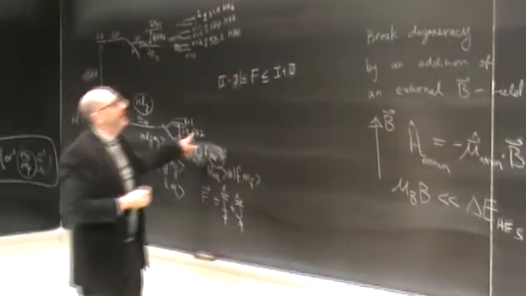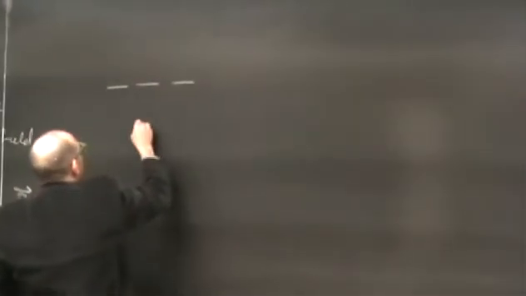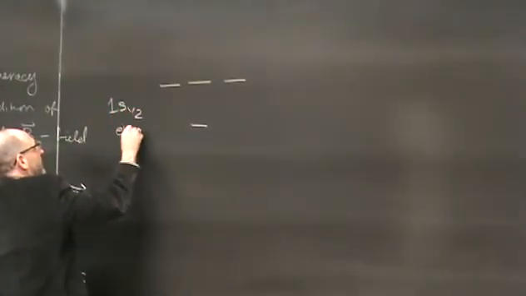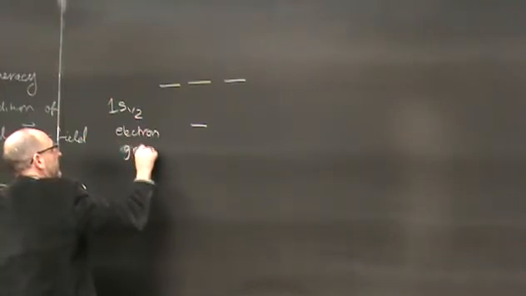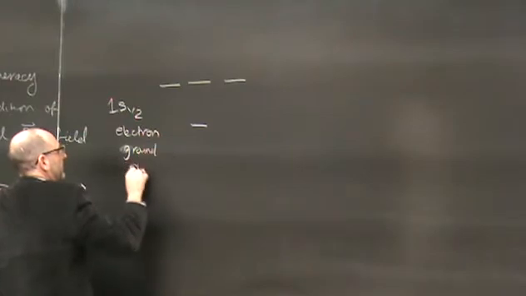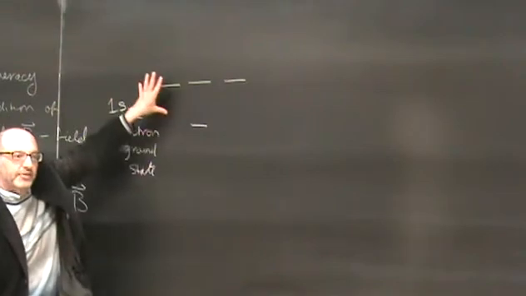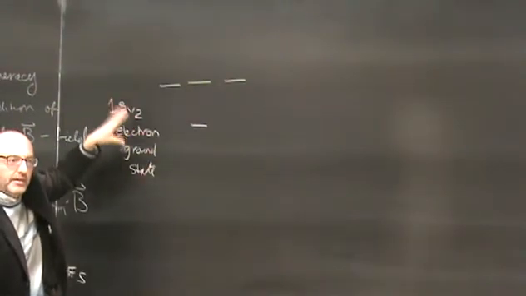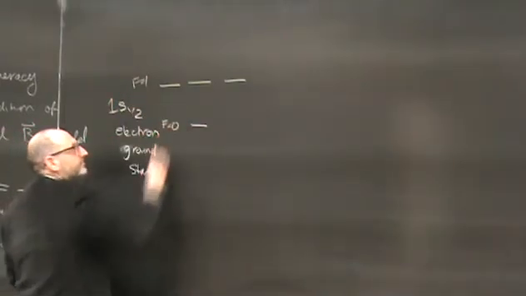So what will happen in that case, for example, let's zoom in on my 1s, 1/2 electronic ground state. I call it the electronic ground state because the absolute ground state is this, but these are all associated with this 1s, 1/2 electronic orbital, right? And this is my f equals 1, and this is my f equals 0.